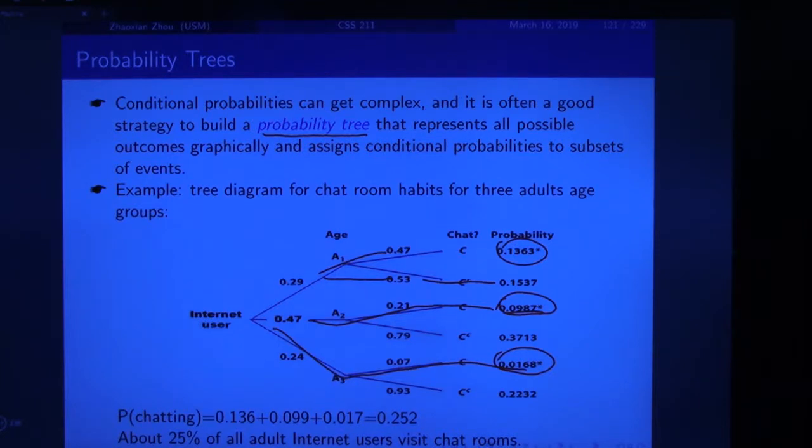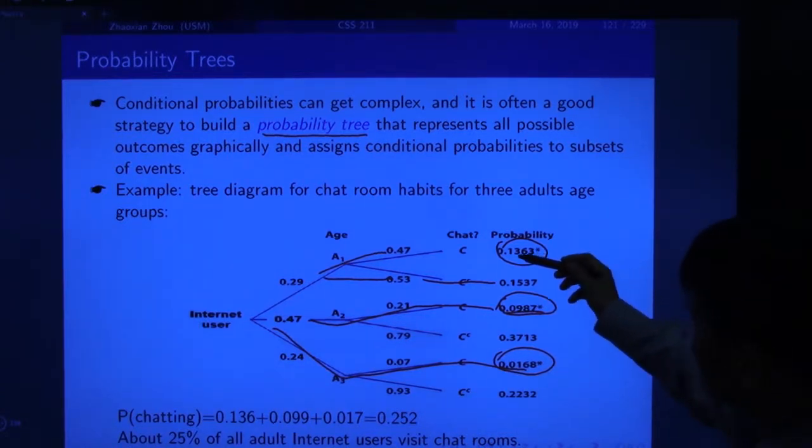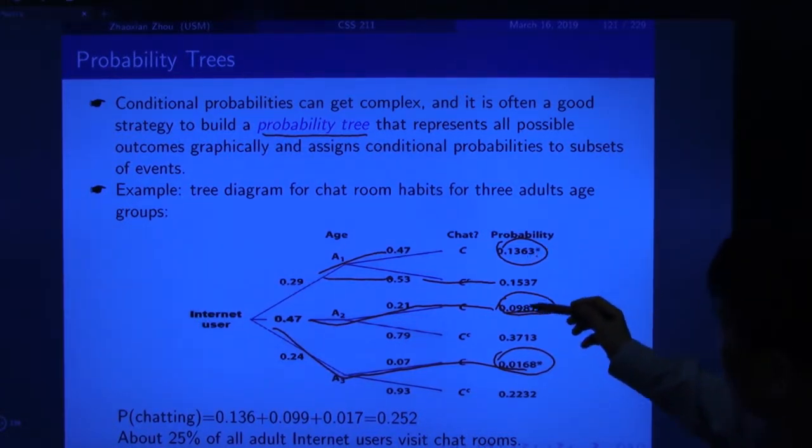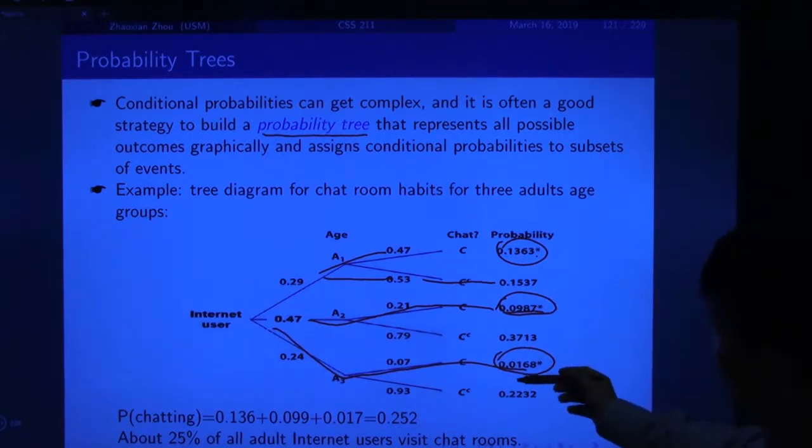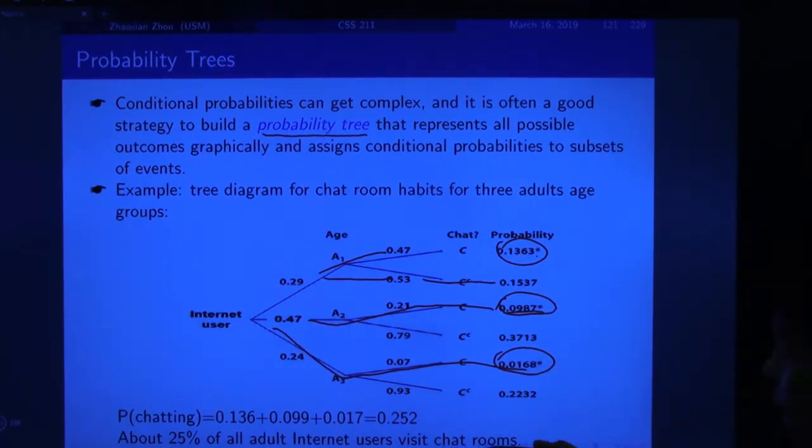Those are the only adults that chat. So we add these three probabilities together, and that gives us the total probability for an adult to chat. The result equals 13.63% plus 9.87% plus 1.68%, which equals 25%.